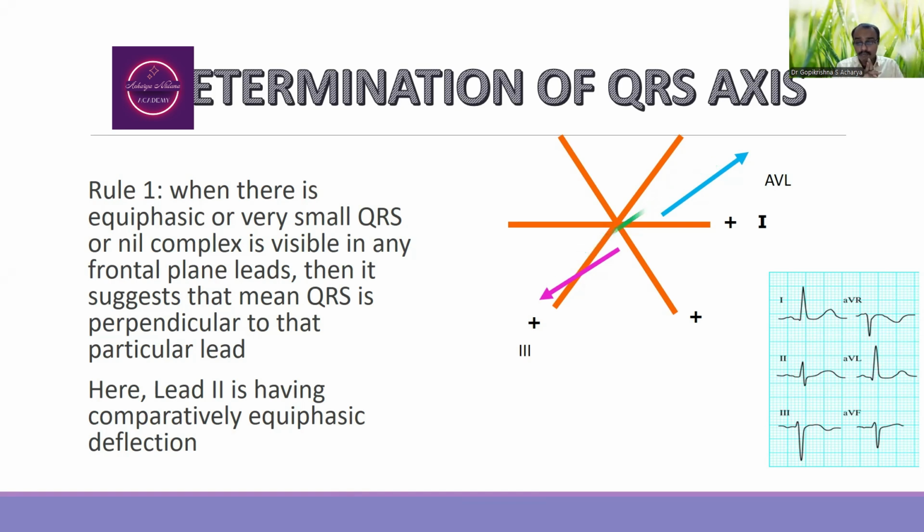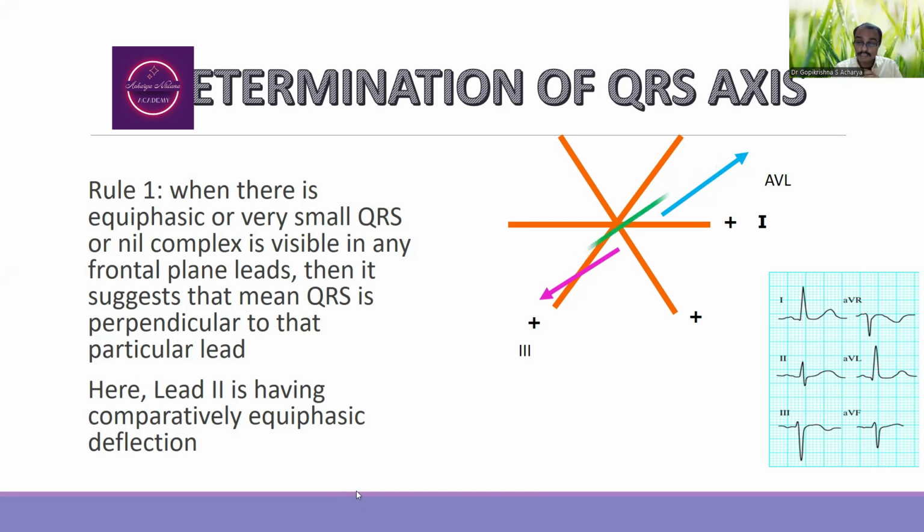So here, when you think about the image, lead 2 is almost equal to 0. That means the positive and negative deflections of lead 2 add up to 0, so the electrical axis will be perpendicular to lead 2.